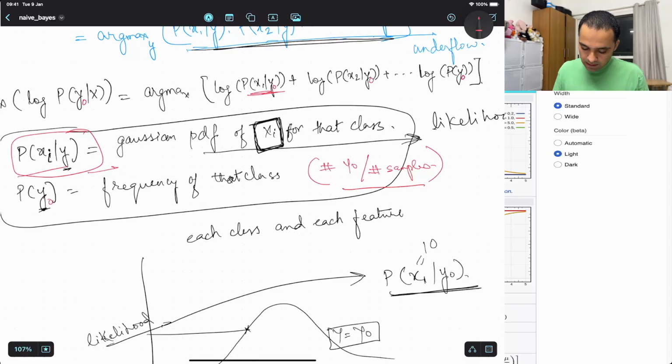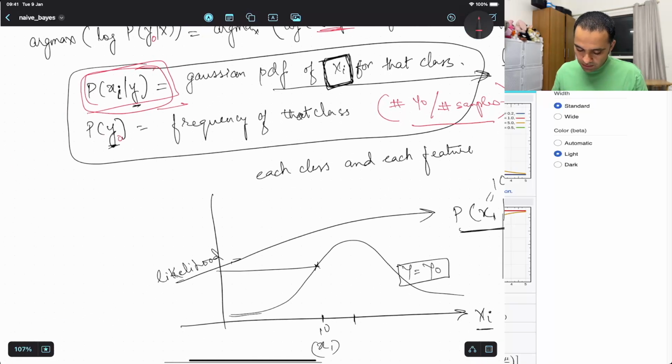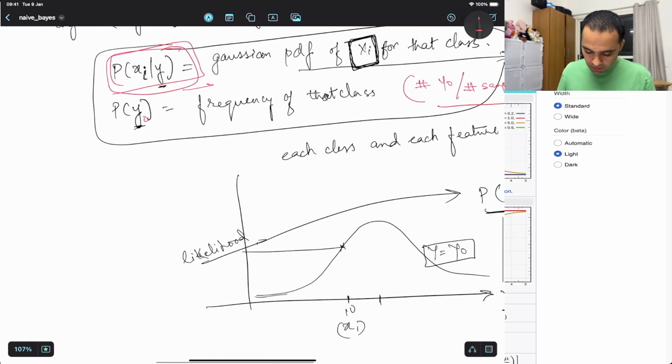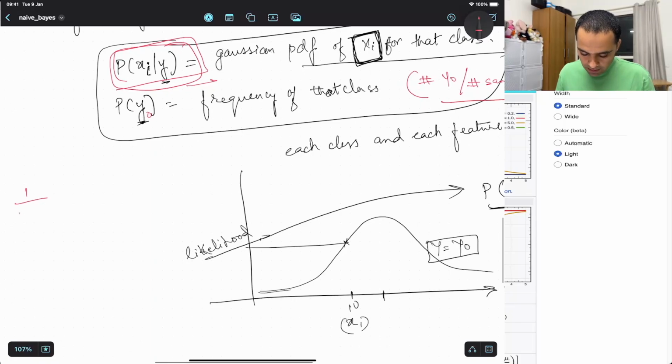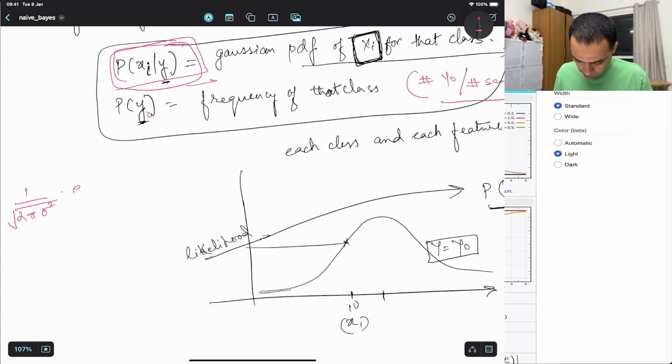Once we have done this, to calculate this likelihood, let me write down the formula here. It is 1 by the square root of 2 pi sigma square, times e to the power minus (x minus mu) square divided by 2 sigma square. So this is the formula.